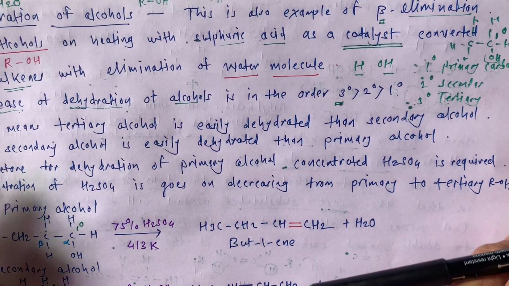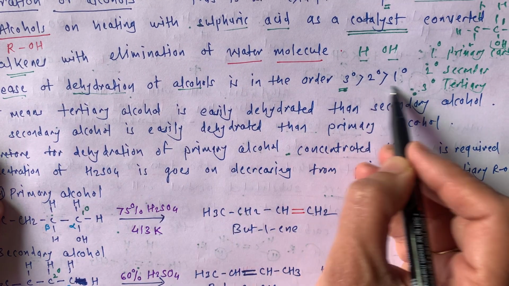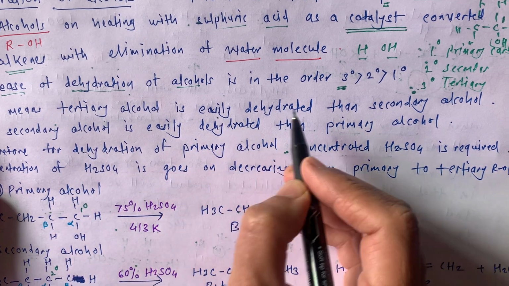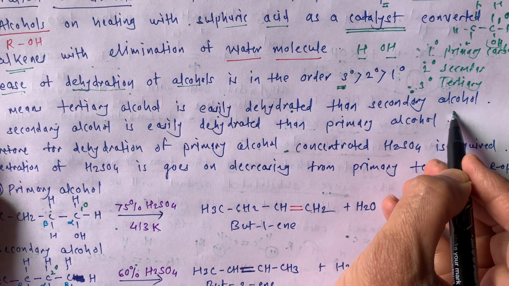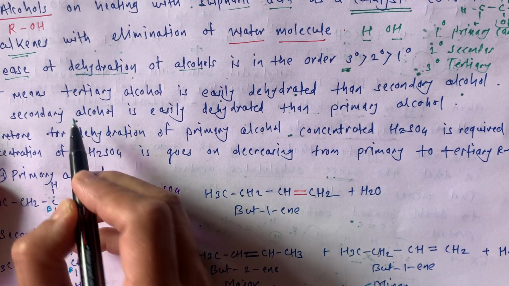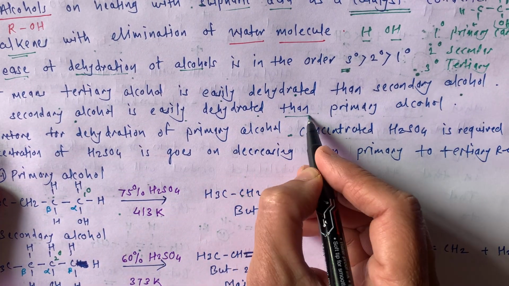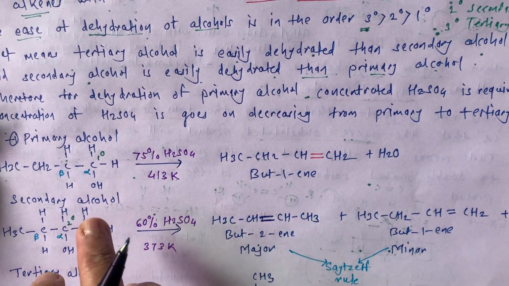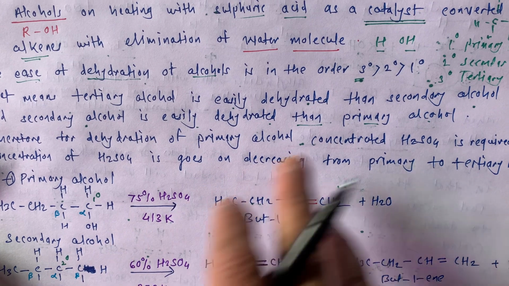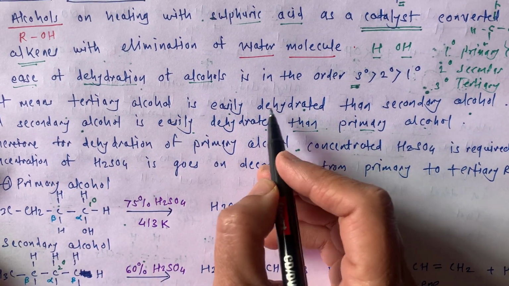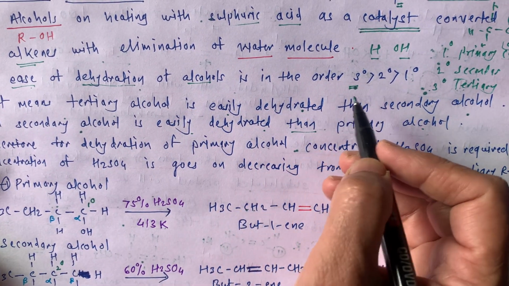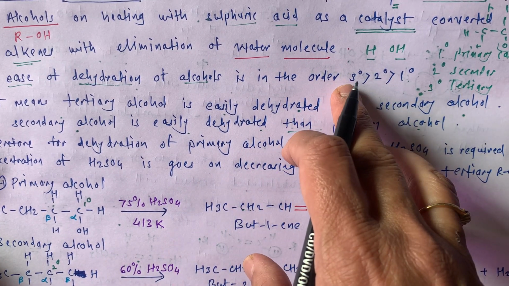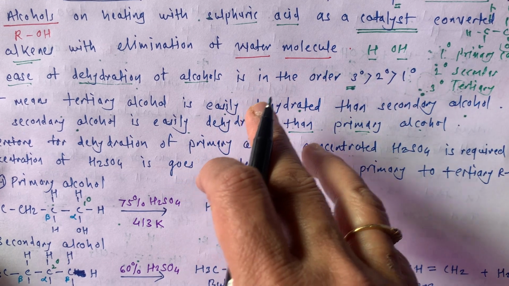Okay. So now here, what is the meaning of this? It is written in words: tertiary alcohol is dehydrated more easily than secondary alcohol, and secondary alcohol is dehydrated more easily than primary alcohol. So we have to see 3 different examples, and due to this ease, or the high reactivity, the concentration of the sulfuric acid also differs.